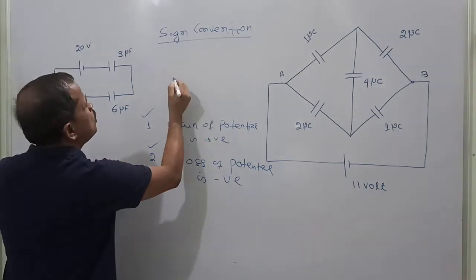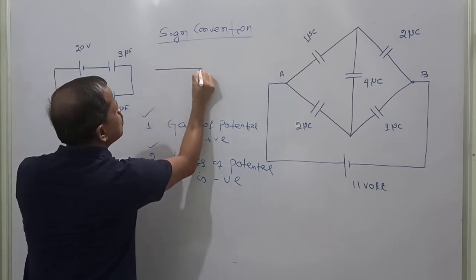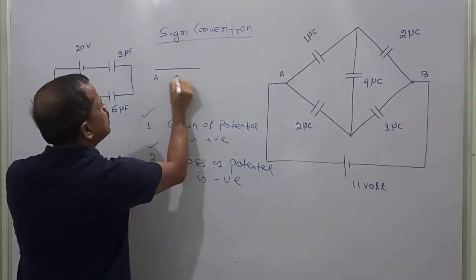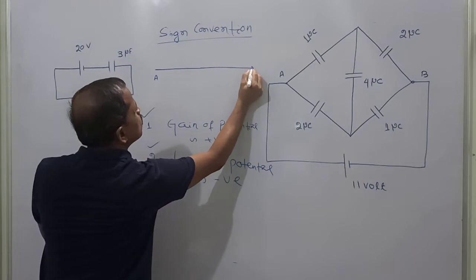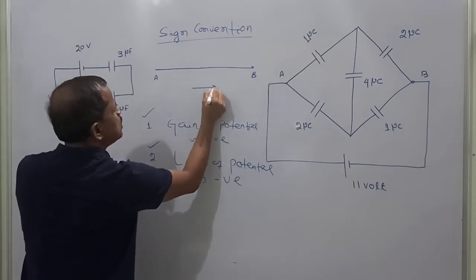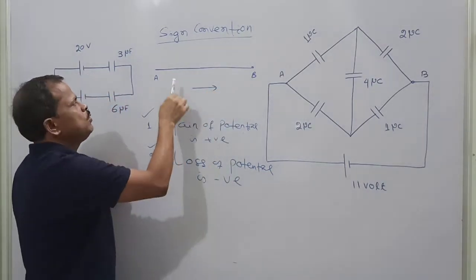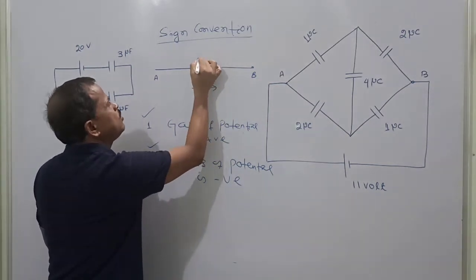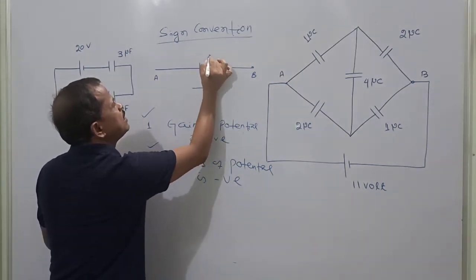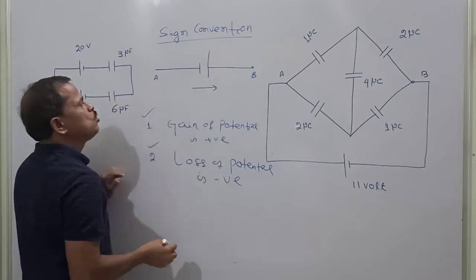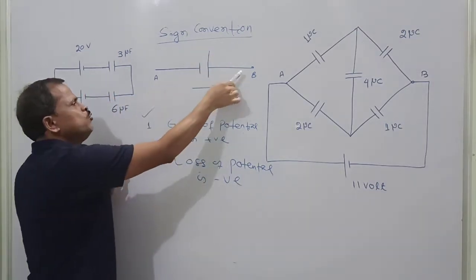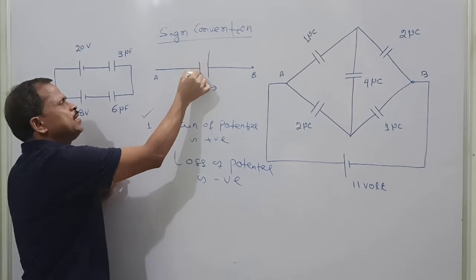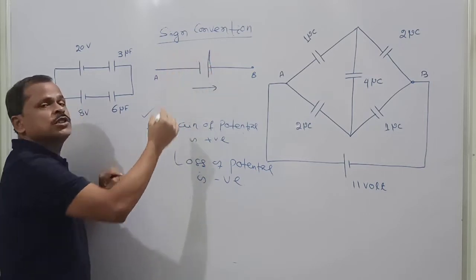Look, suppose you are going from point A to B along this path, and you come across a battery, connected like this. When going from A to B, first the negative plate comes, then the positive plate.